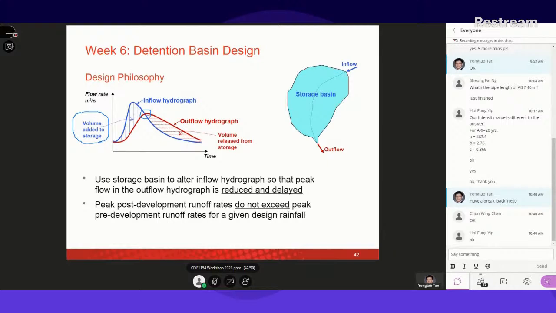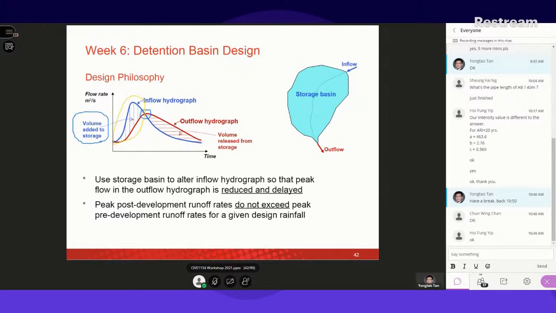So we need to know the area. So what is this area? I use another color. So this area, this volume, is actually used to determine the detention basin size.